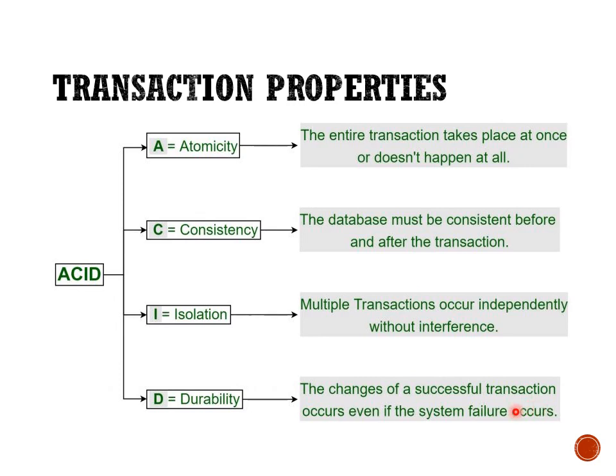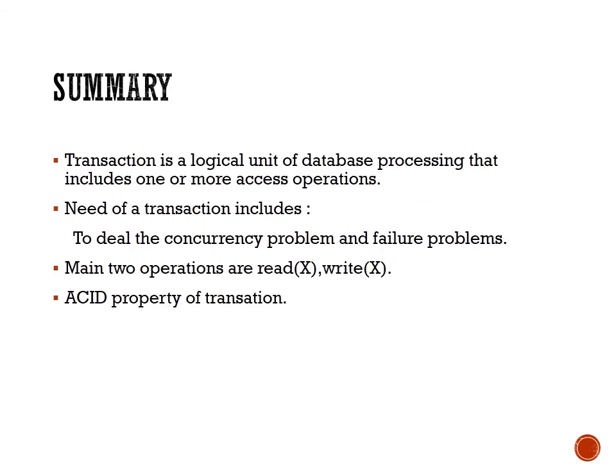All the successfully committed data must be stored in the database. At all times we can access all the saved data from the database. That we call durability. So this is the ACID property: atomicity, consistency, isolation and durability.